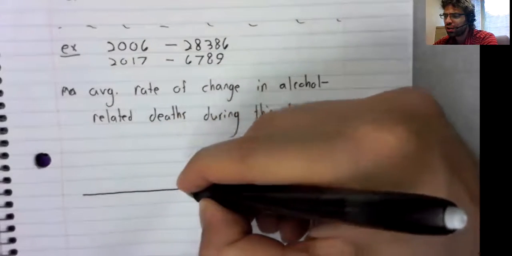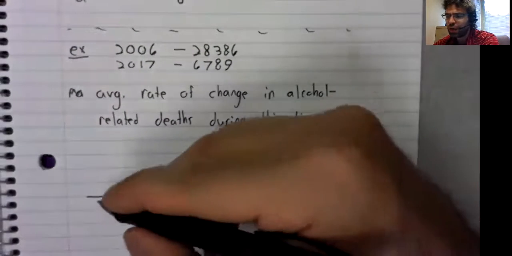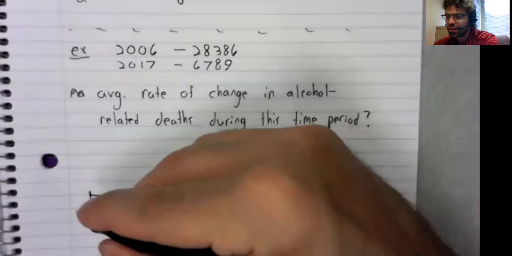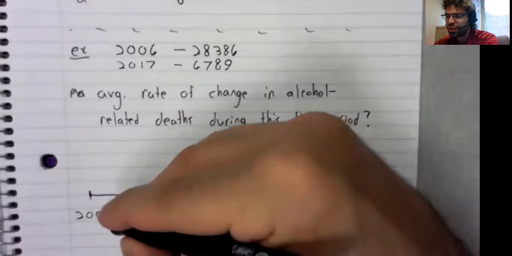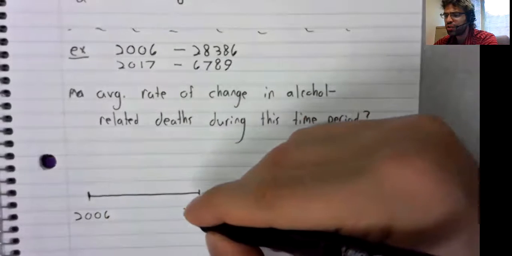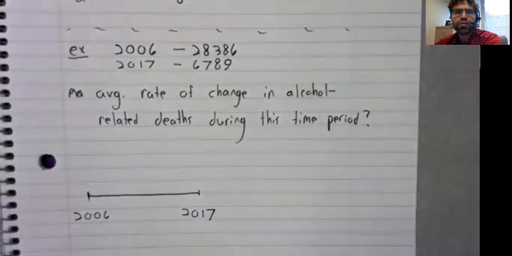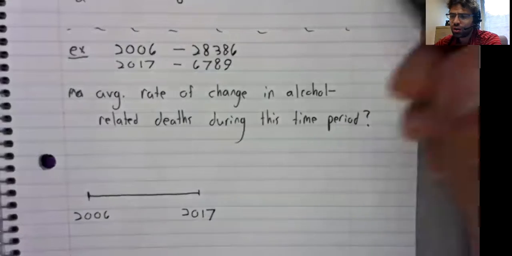And we're not given a formula for alcohol-related deaths. But for average rate of change, we don't need a formula.